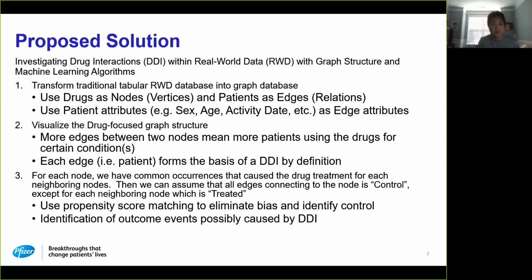More edges between two nodes means more patients are using the drugs for certain conditions. And each edge, if you think about it, is forming between two drugs. That is the basis of a drug interaction by definition. And for each node, we have common occurrences that cause the drug treatment for each neighboring drug node. So we can assume that all edges connecting to a node are control, except for each neighboring node which is treated.